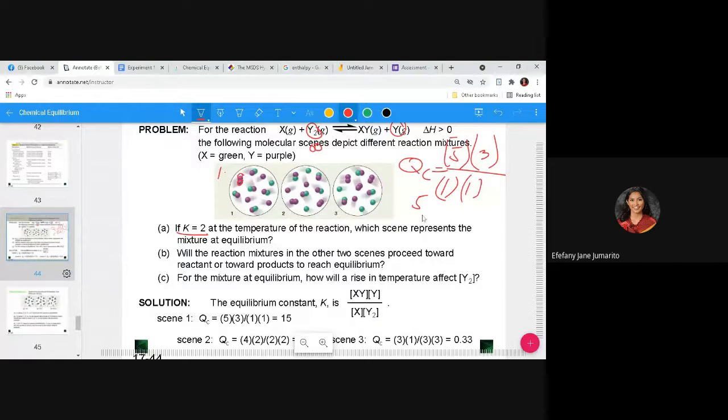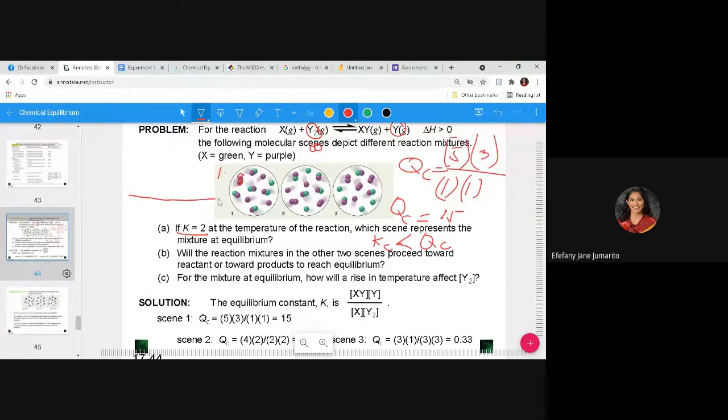So, what is QC here? 15 divided by 1, so QC is 15. Compare KC and QC. KC is less than QC. Now what will happen to the equilibrium?